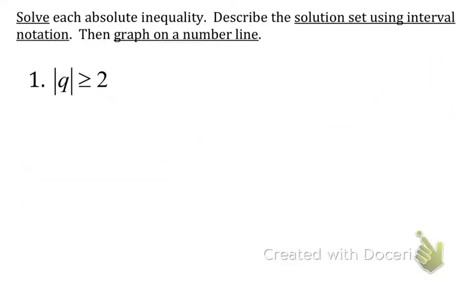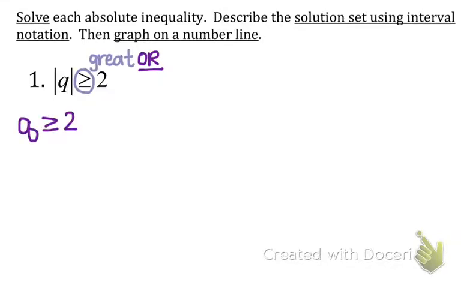So let's do an example. The absolute value of Q is greater than or equal to 2. First thing we notice is that the absolute value is by itself, so we can start setting this up into our two separate inequalities. We have a greater than symbol, so we are going to use greatOR to set up two or inequalities.